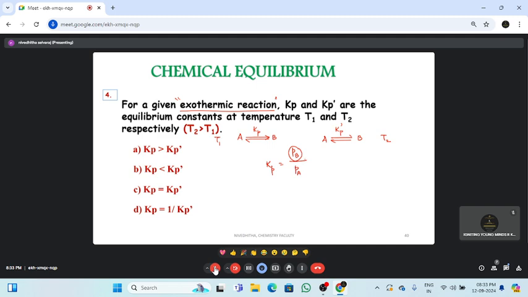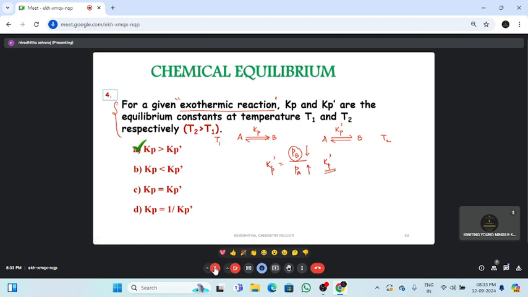So for an exothermic reaction, if you increase the temperature, the forward reaction will not occur freely, due to which the pressure of the product is getting decreased. If the numerator is low and the denominator is high, then what will happen to Kp prime? The value of Kp prime will get reduced. So Kp is always greater than Kp prime for this kind of reaction. Is that clear?